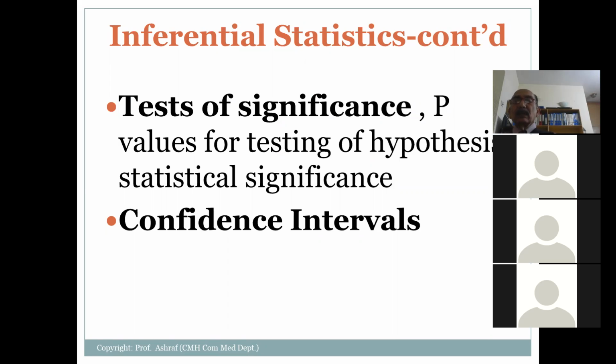There is a trend, as I told earlier, that along with the p-value, you must also give a confidence interval, because the p-value only tells the significance of association between two factors, or significance of difference between two groups. It does not tell the effect size, clinical significance. Clinical significance is very important for clinicians.